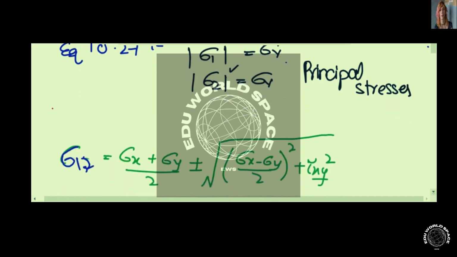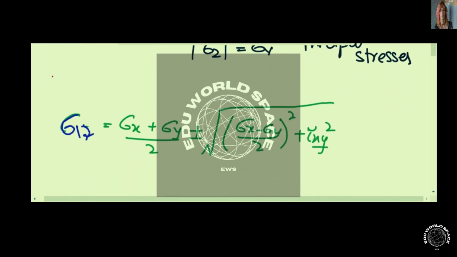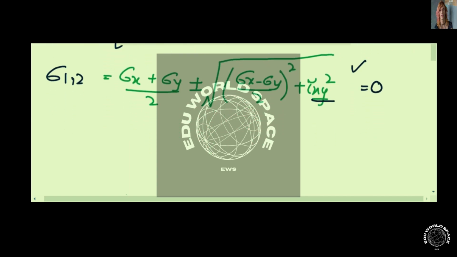Now the principal stresses are found by using equation 9.5, which is this. And what we are doing over here is that we are going to find out the magnitude of these stresses together. So the shear stress in this case is equal to zero, so we can just simply ignore it.